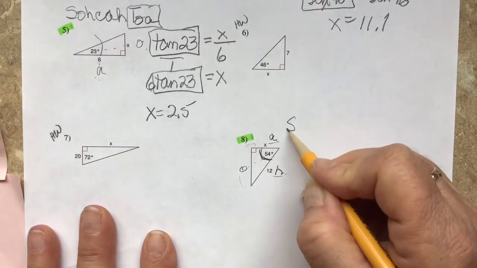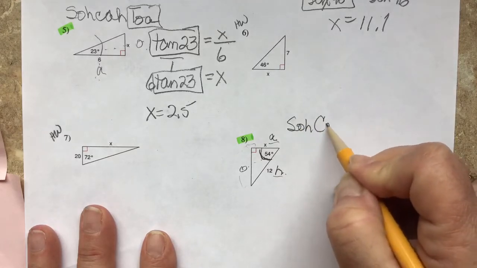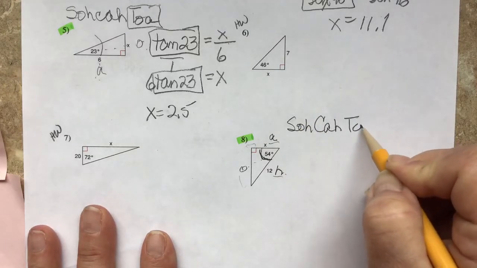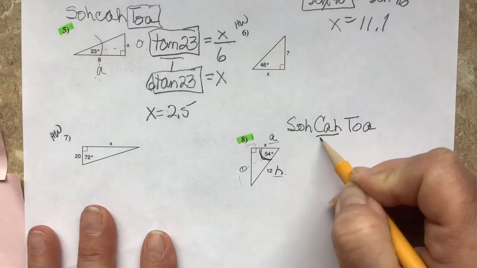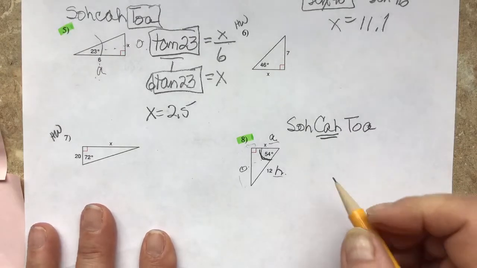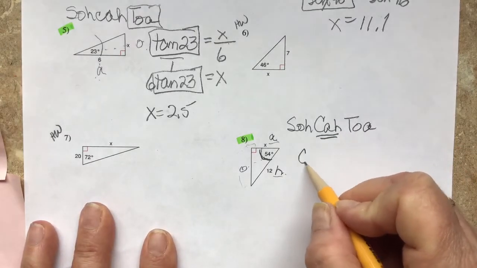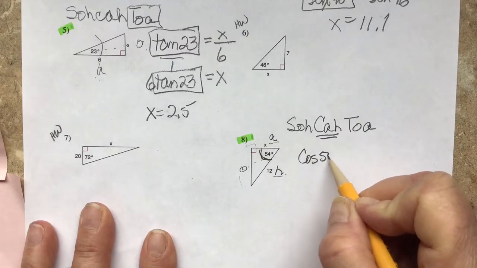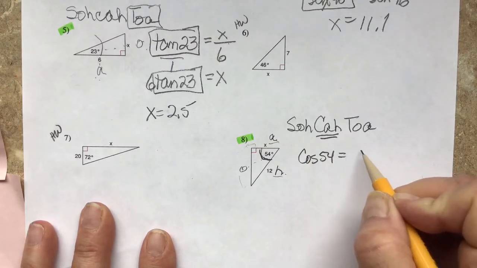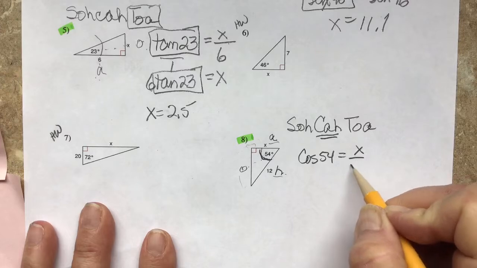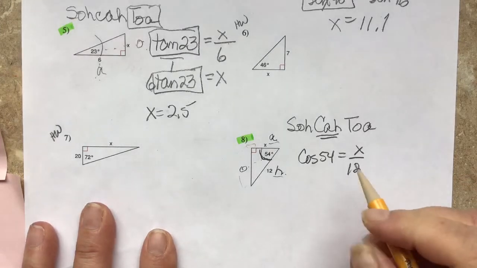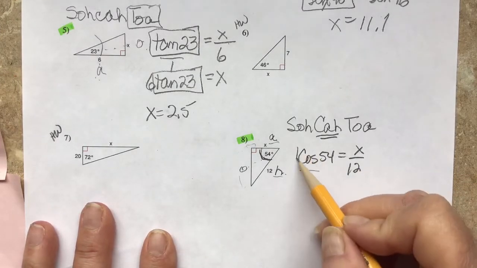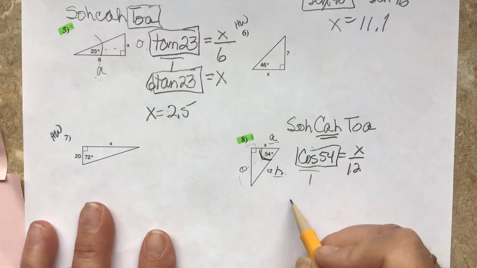So if I consider SOHCAHTOA, the cosine is the A and the H. So cosine 54 equals adjacent over hypotenuse. Right? Again, if you need to put that in there, don't forget these are locked together.